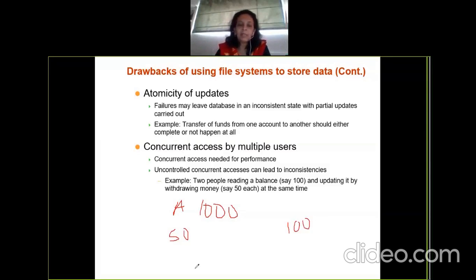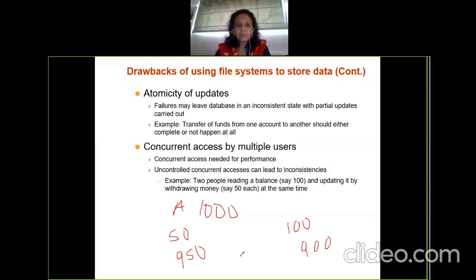So what happened? This clerk writes the value 950 while this clerk writes the value 900. And which value is stored in the file? The clerk who writes the information at the end. So that information is stored in the file.